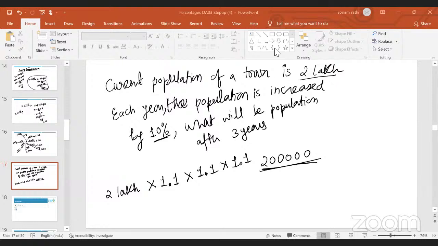No, Fatima, your answer is wrong. Charles, your answer is also wrong. Kenneth, your answer is also wrong. 266,200. 2.662 lakhs is the answer.